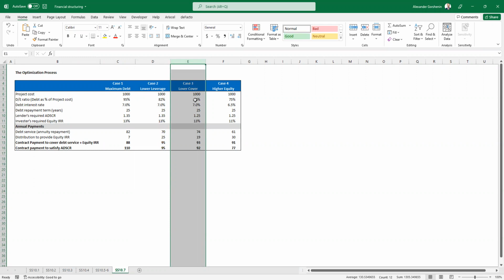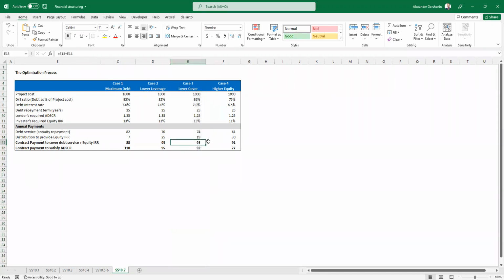The total of annual debt service and distributions is now 93. The contract payment to satisfy the ADCR requirement is also 93. That is 74 multiplied by 1.25. So a reduction in the cover ratio produces a lower contract payment.